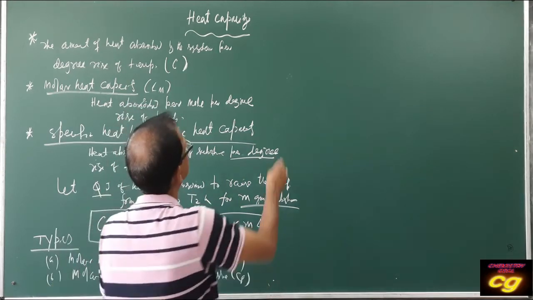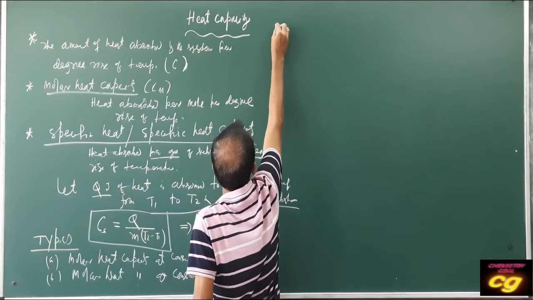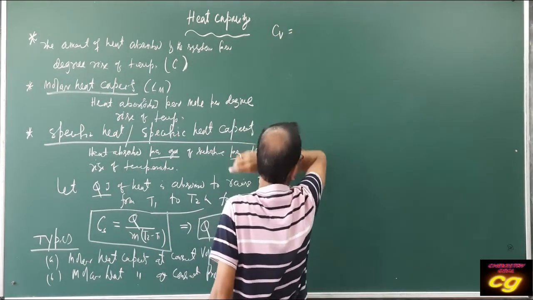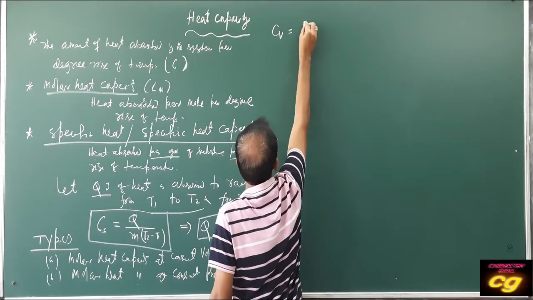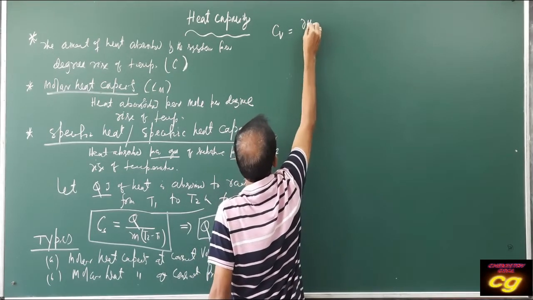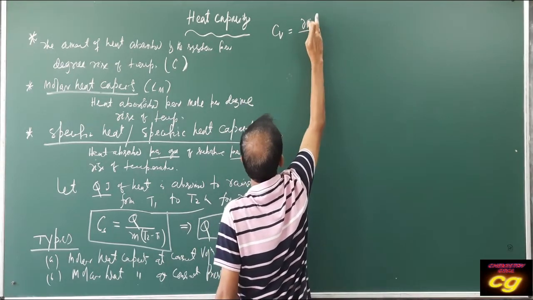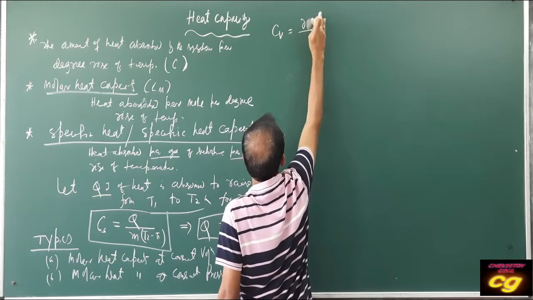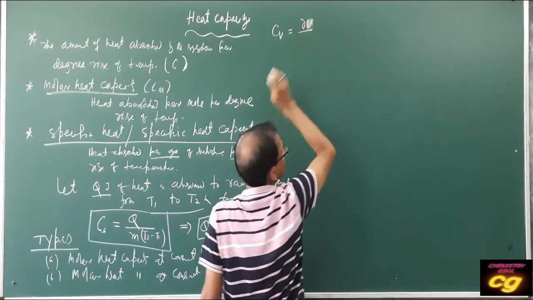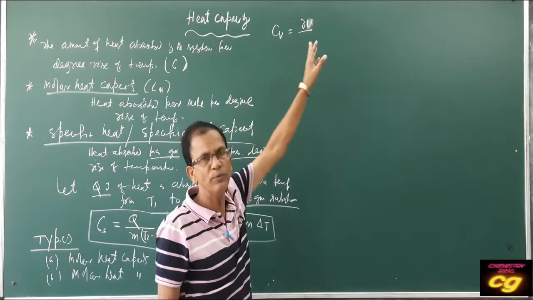So if you express this one, Cv is equal to the change of heat, which is the internal energy change at constant volume, we can tell U, because constant volume means internal energy.